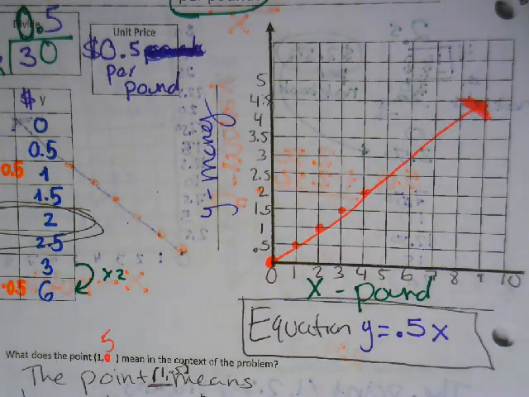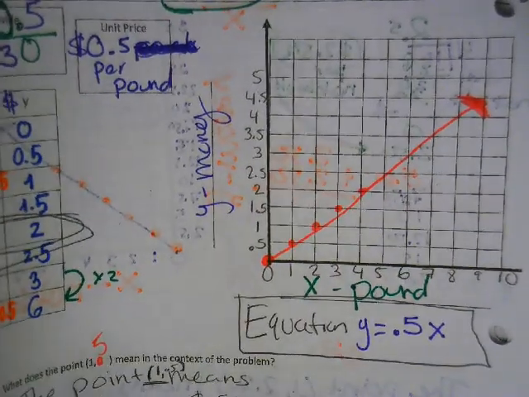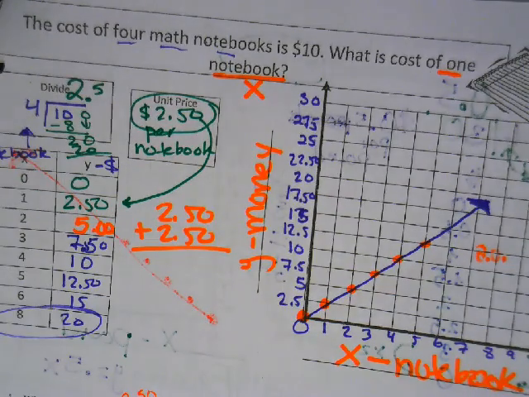Okay, turn it back one. Page 4. What's the equation for page 4? Y equals 2.50x. What do we start with?